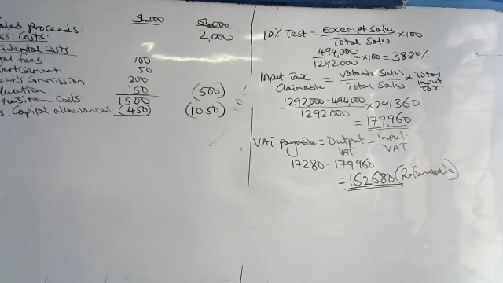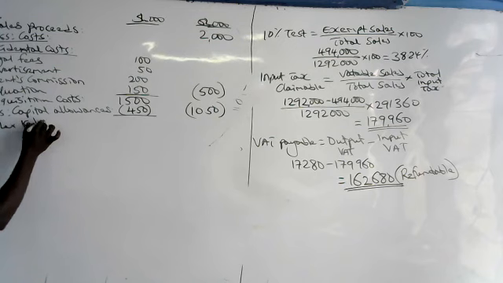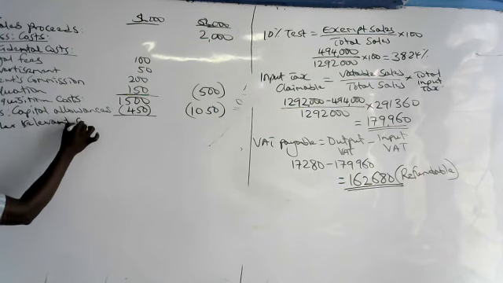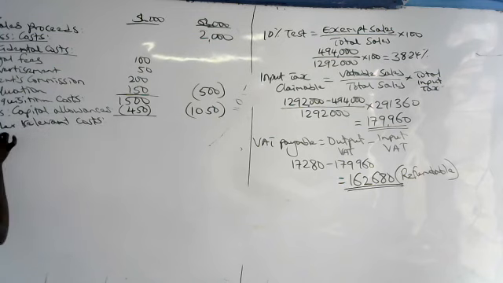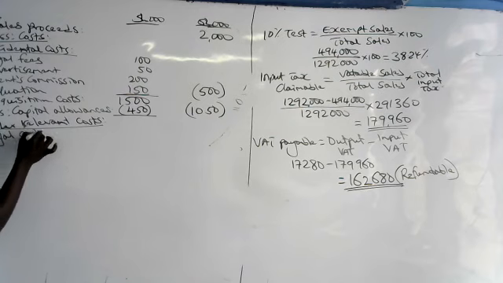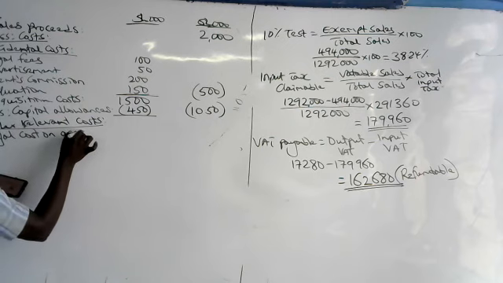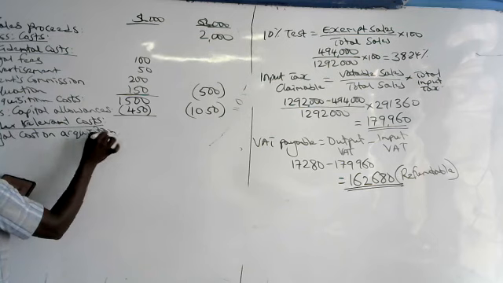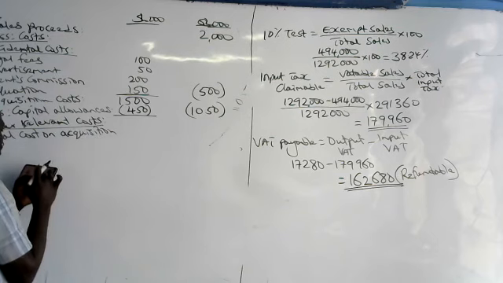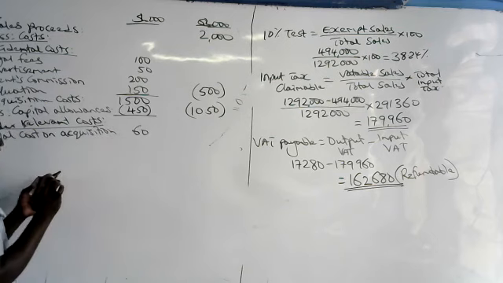So we have other relevant costs. Legal costs on acquisition, of how much? 60.